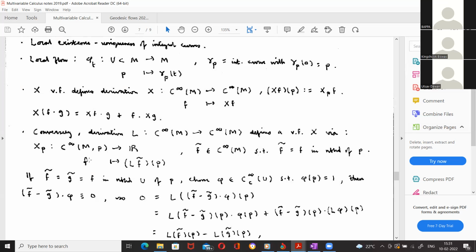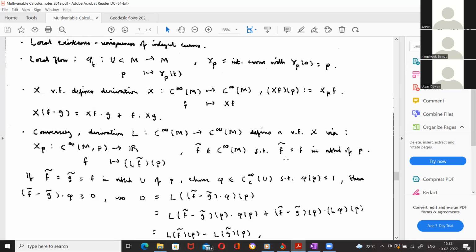I multiply by a smooth bump function on M. Then I can extend it to a globally defined smooth function on all of M. Now my derivation L can act on that smooth function defined on all of M. So let me call that f tilde. So f tilde is a smooth extension of the germ to all of M. Is this clear? So f tilde is equal to f in a neighborhood of p.